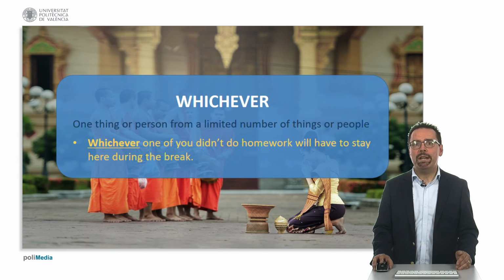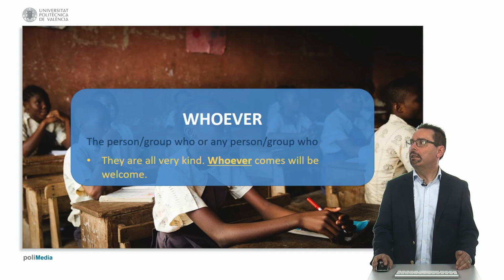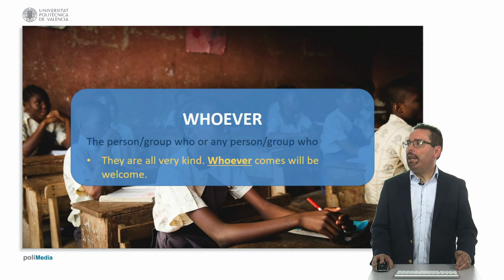For example, whichever one of you didn't do the homework will have to stay here during the break. Or, in the same way, whoever, the person or group who, or any person or group who. They are all very kind. Whoever comes will be welcome.